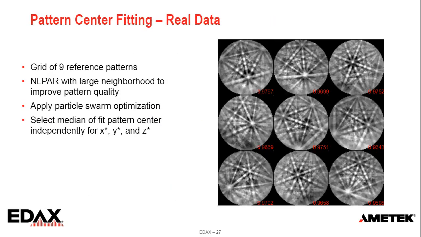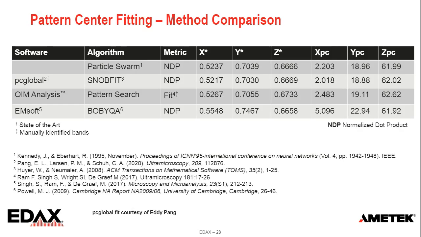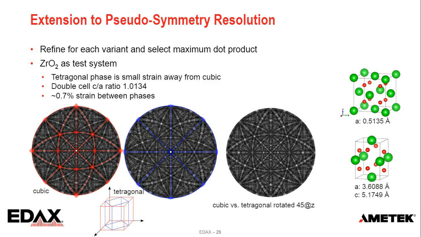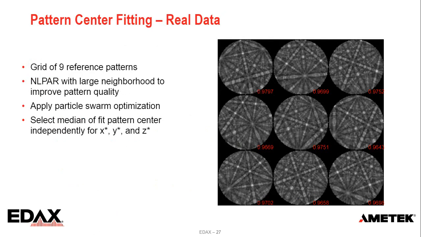So in this case, 52% of the way from the left edge of the detector is 2.2 pixels from the center of the detector. So it's just a different convention. I believe in Matrix you can use whichever one you want, and it will convert as appropriate. In general, EDAX uses the fractional detectors. So hopefully that answers the question.